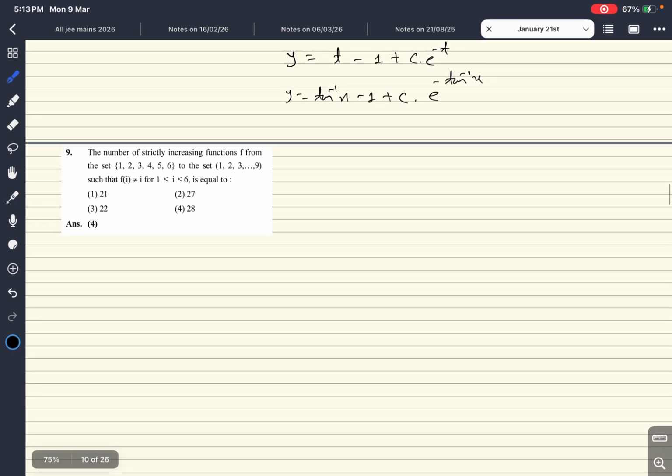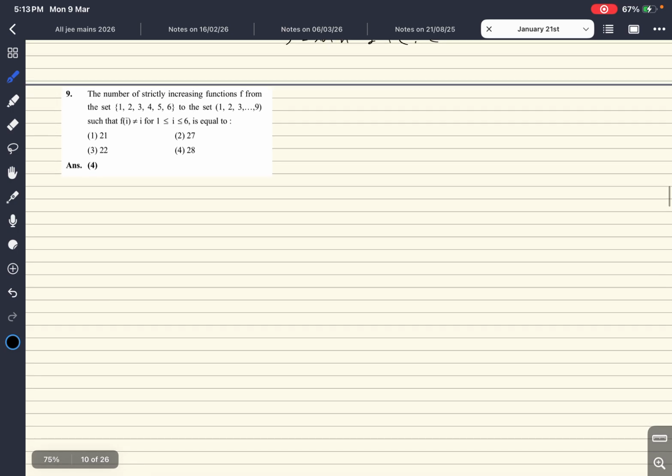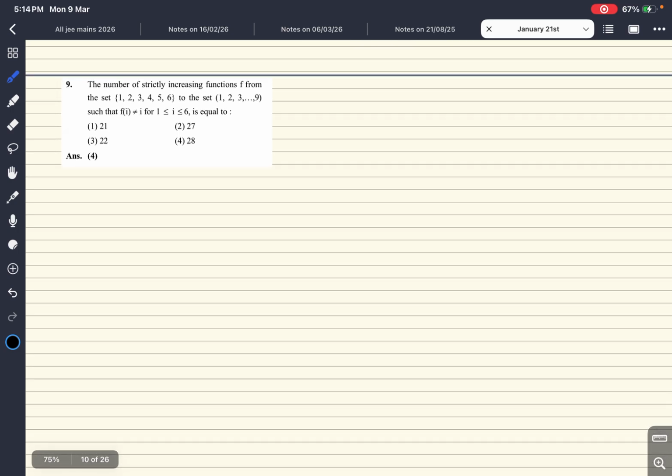Okay, next question. Here we have to find the number of strictly increasing functions f from the set 1 2 3 4 5 6 to the set 1 up to 9, such that the condition f of i should not be equal to i, where you can take the value of i from 1 to 6.